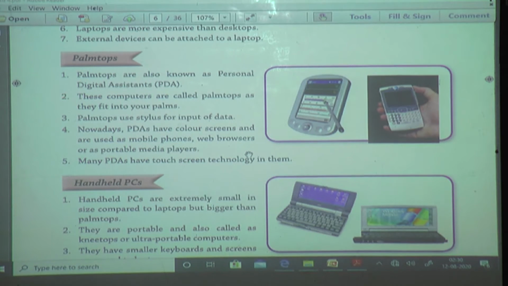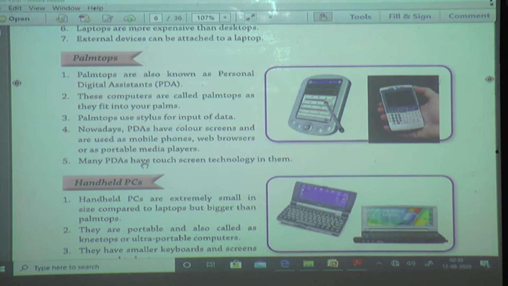Mobile was invented, and like that palmtop also was invented. Firstly it was only black and white, now we have a color screen on the palmtop. It also has a web browser or works as a portable media player.